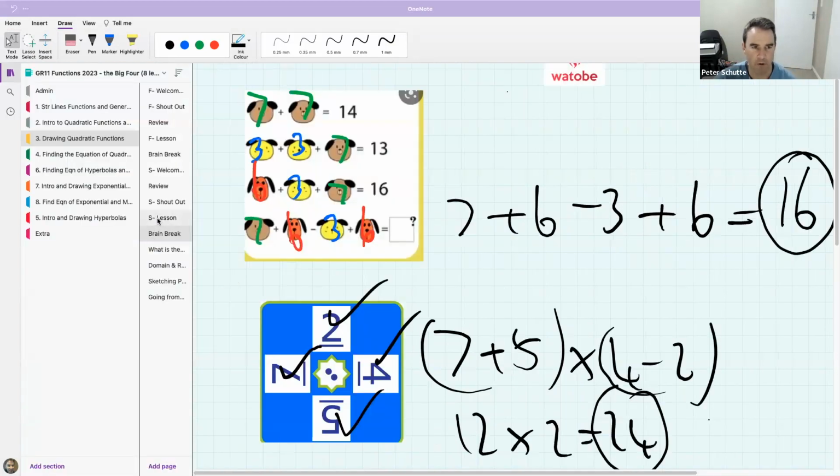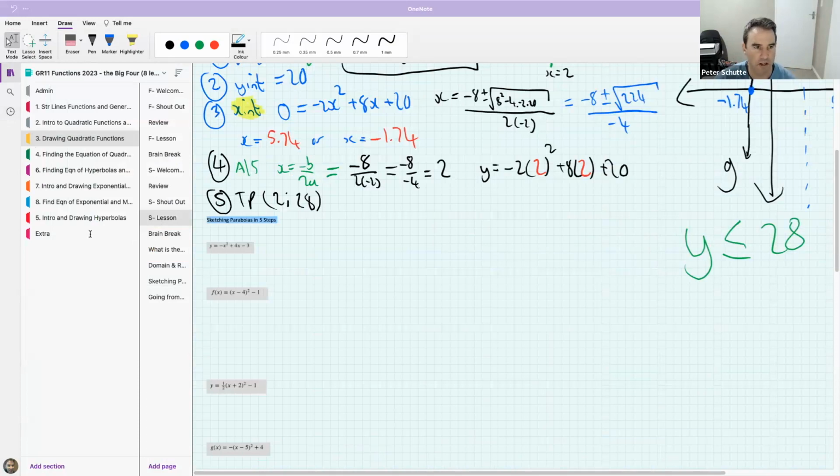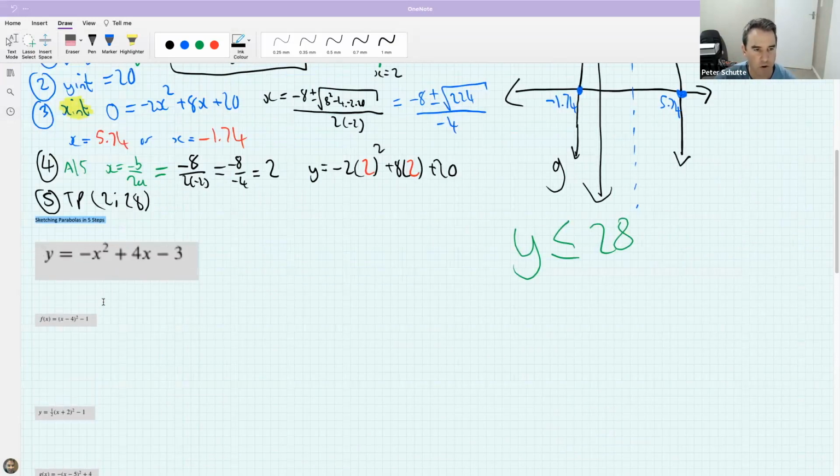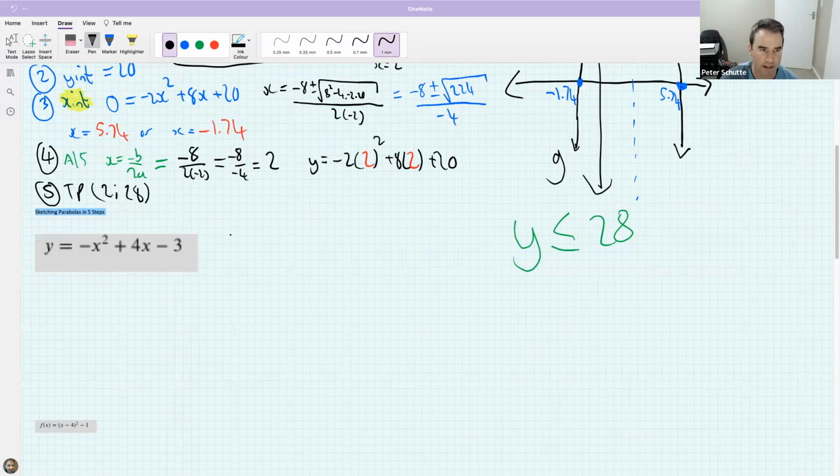Okay, so back to the main focus for today. I hope that you enjoyed our little dance down another thing. I want you to draw the graph for me of this one. I'm going to write it out a bit clearer. So y equals minus x squared plus 4x minus 3.